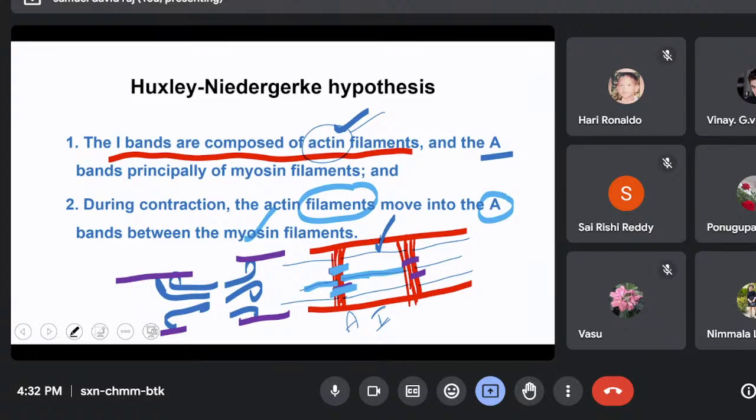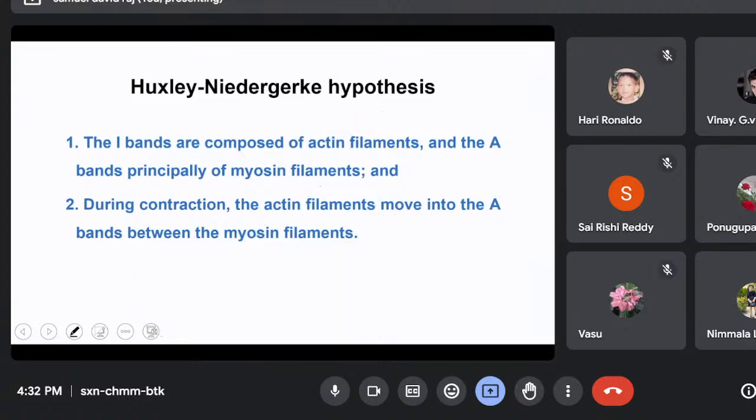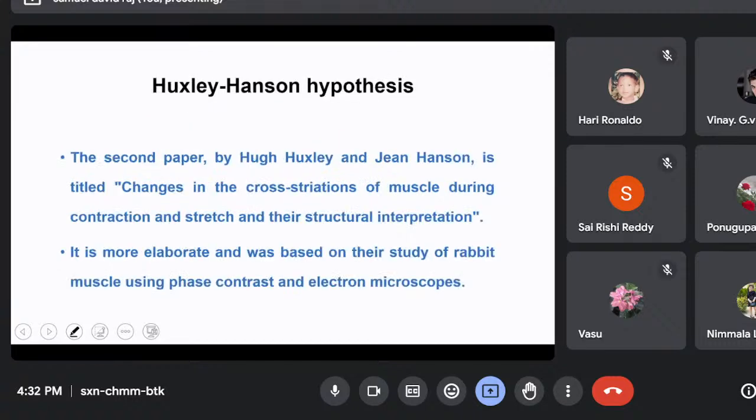That is their discovery. Hanson's disc is the place where these thin filaments before contraction are not extending. During contraction, they fill the gap in the Hanson's disc. Thus, they move into the A bands between the myosin filaments. That is the first discovery made by Huxley and Niedergerke.